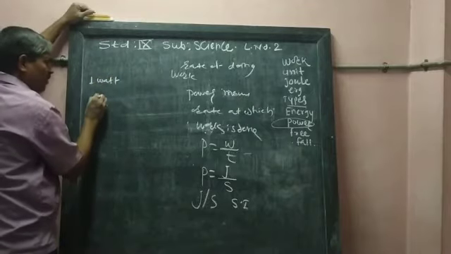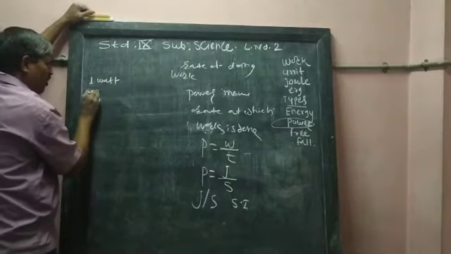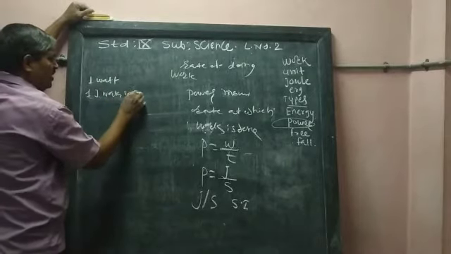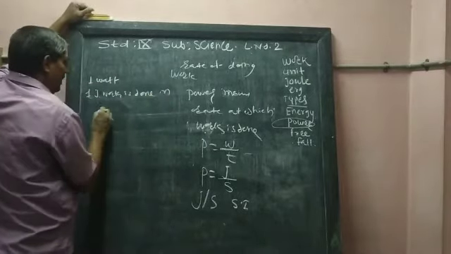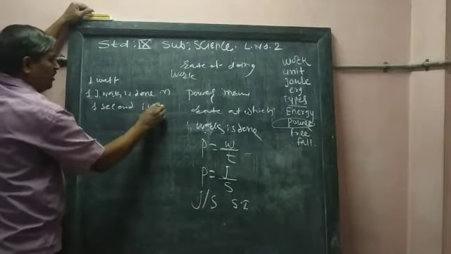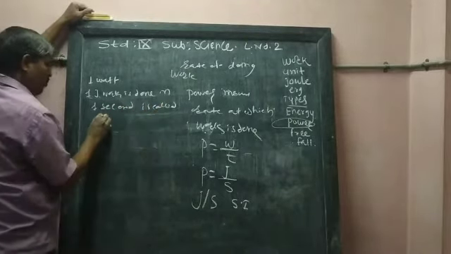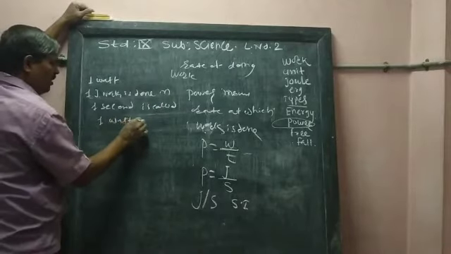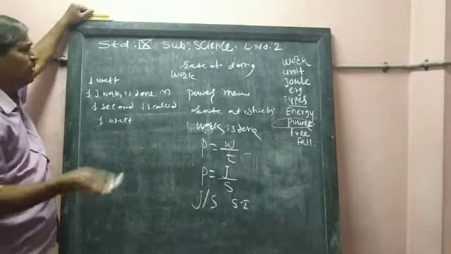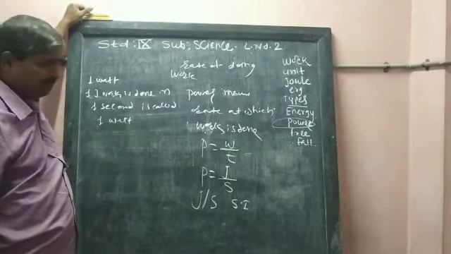1 watt means when 1 joule of work is done in 1 second, it is called 1 watt. This watt is the simplest, smallest unit of power.